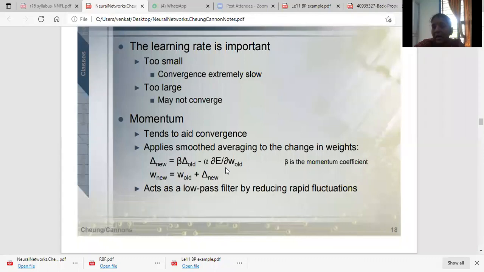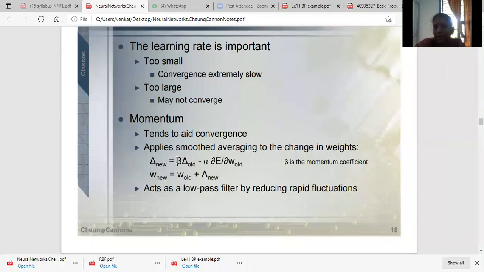Momentum is another assistance for convergence. We go for a small or smooth averaging change in the weights: delta w new equals beta delta w old minus alpha into dou E by dou W old.